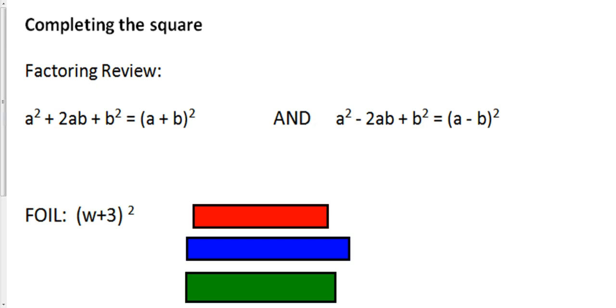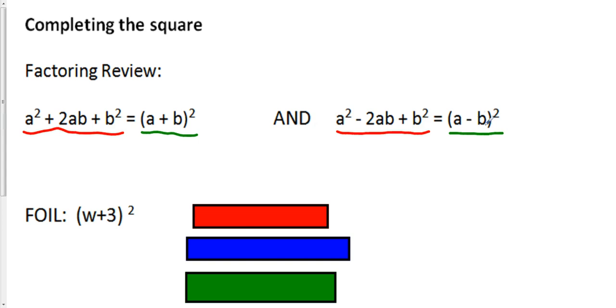So if we have this expression, a squared plus 2ab plus b squared, that's the same as saying a plus b, all of that, squared. And similarly, this one is really close to the same thing, only this has a plus, this has a minus, so that just changes in here.